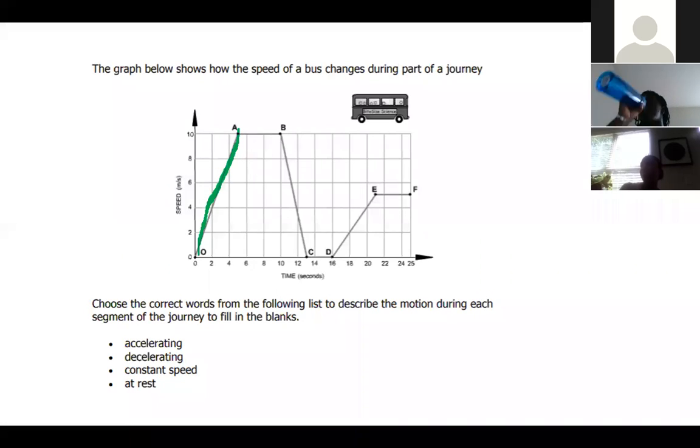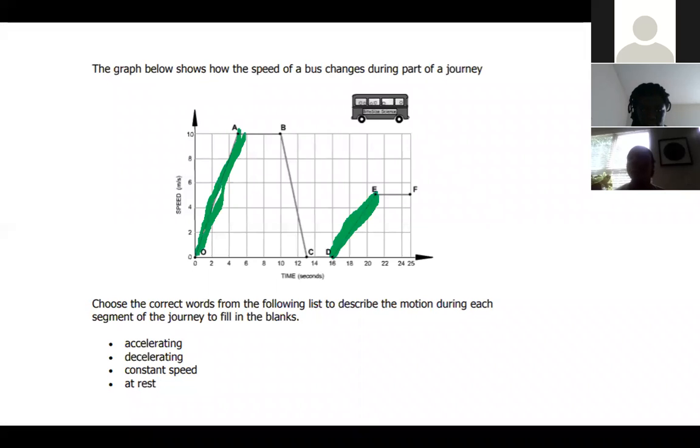And is that it? Are you sure? No. Where else? D to E. D to E, we are also accelerating. Very nice. All right, so from O to A and D to E, we're accelerating.